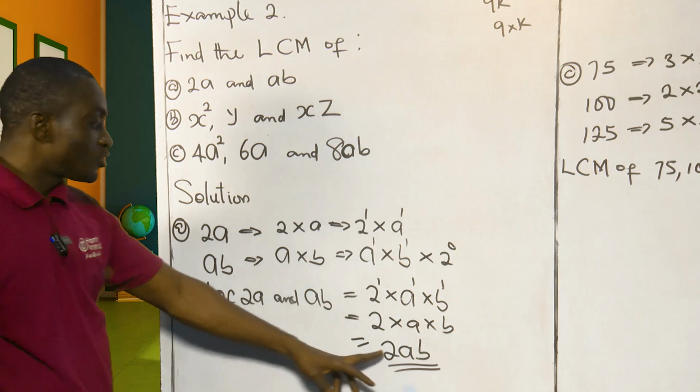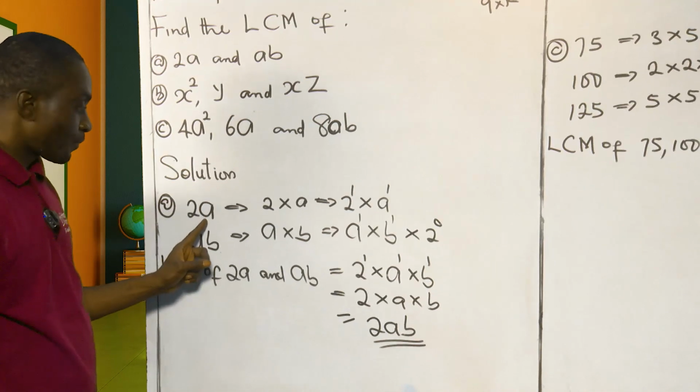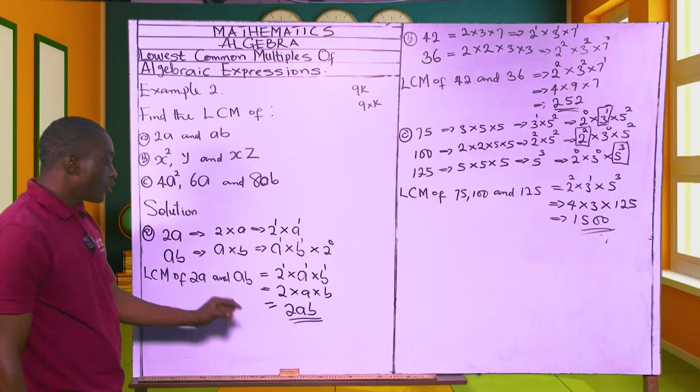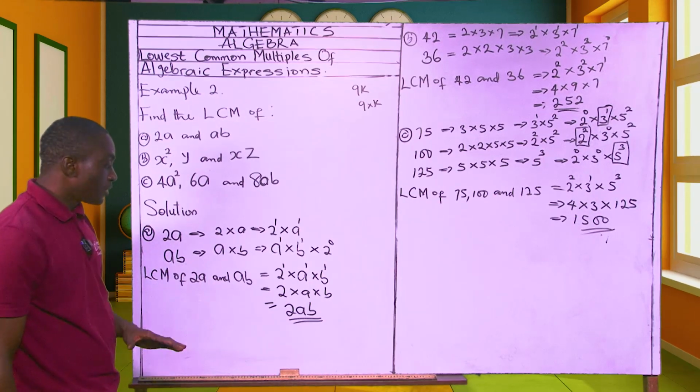The LCM of 2A and AB is 2AB. It means that 2AB is divisible by 2A with no remainder. Also, 2AB is divisible by AB with no remainder.